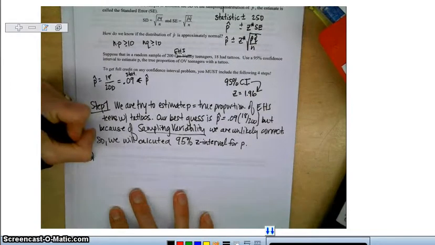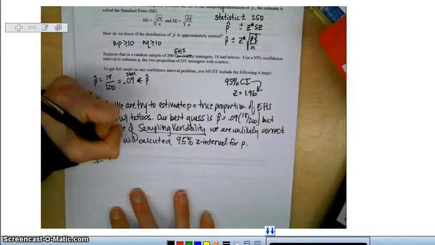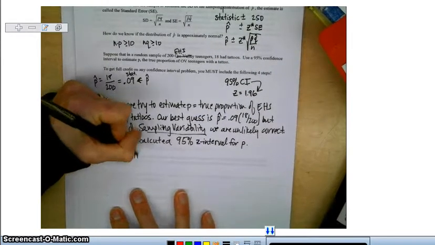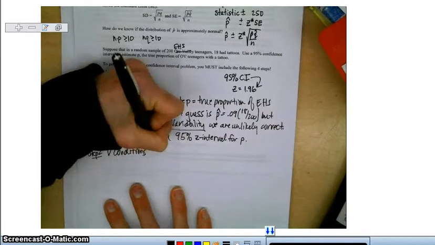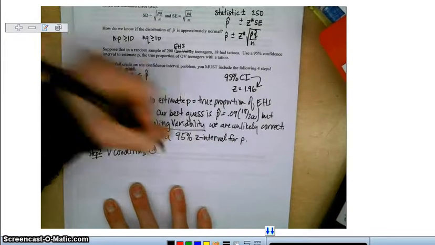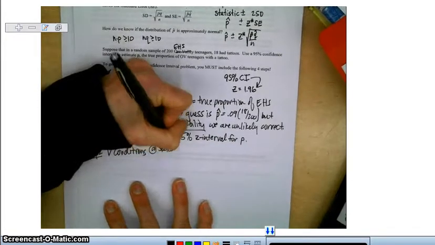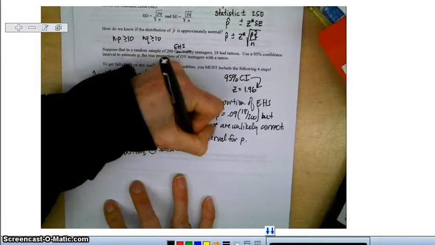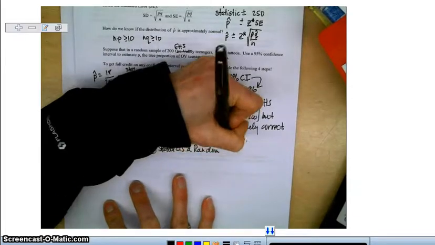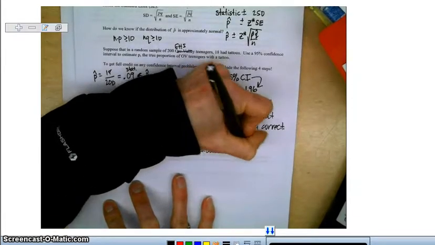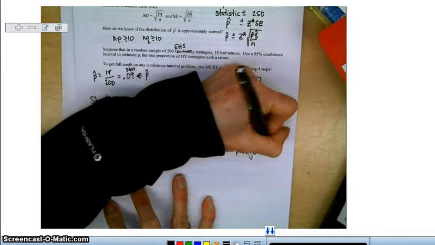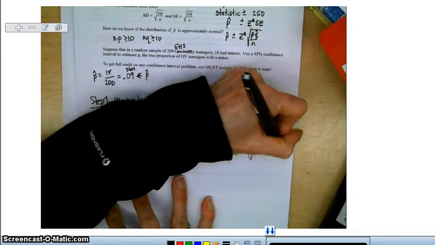So now step two, check the conditions. So our conditions, A, stated as a random sample. Random sample of EHS students. Okay.